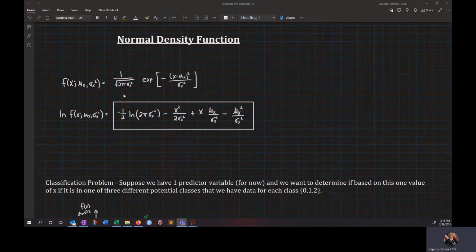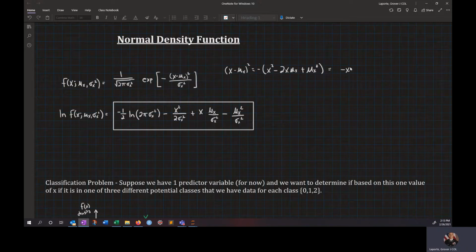If you take the natural log of this thing, just like any other natural log, you can break it into components. I'm going to break it up into this component and this one, with an addition sign in between them. I didn't do this in class, but don't forget that this is just x squared minus 2x mu x plus mu x squared, and there's a minus sign out on the front of it.